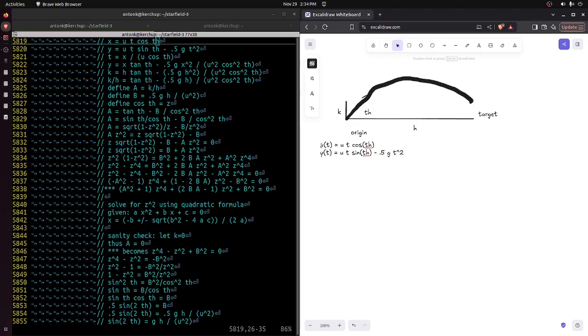Okay, so using the first equation to solve for t, we get t is x divided by u cosine theta.